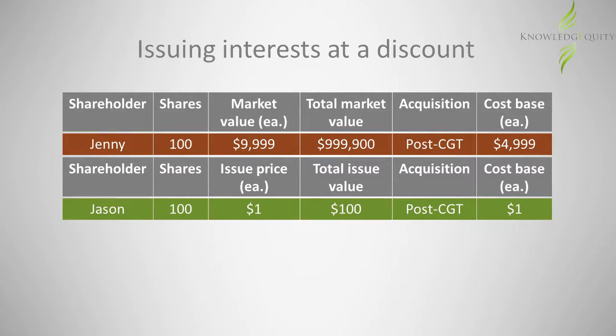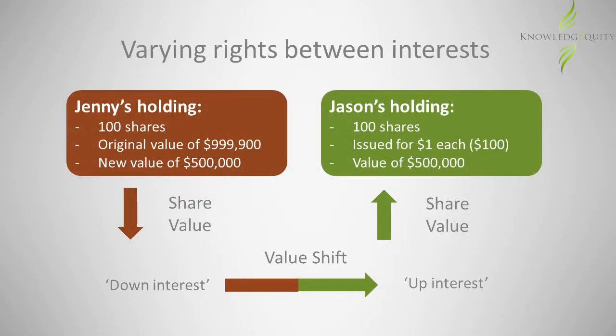This effectively shifts value from Jenny's shares, a down interest, into Jason's newly issued shares, an up interest. In the absence of any anti-avoidance provision or adjustment, Jenny would avoid CGT on the shifting of unrealised capital gains and enjoy a reduced capital gain, or perhaps a capital loss, on the future disposal of her shares.